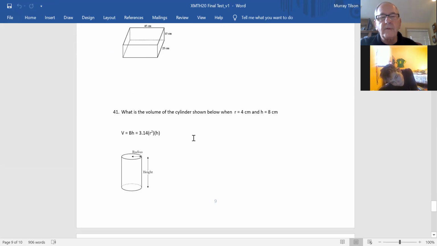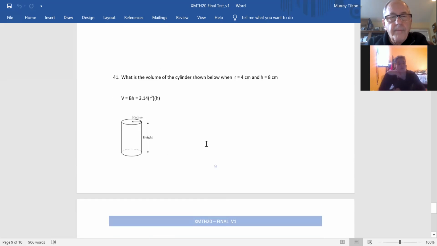And what's the volume of the cylinder? Here's the formula: base times the height. The base in this case is 3.14 times r squared, or pi r squared. That's the area of a circle. And then just times the height, right? So the height would be 8. 3.14 times r squared, that would be 4 squared, so it'd be 16.